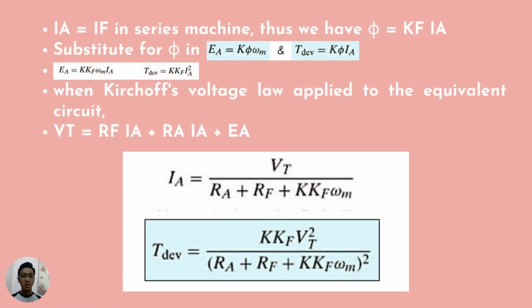Next, Ia equals If in series machines, thus we have phi equals Kf times Ia.